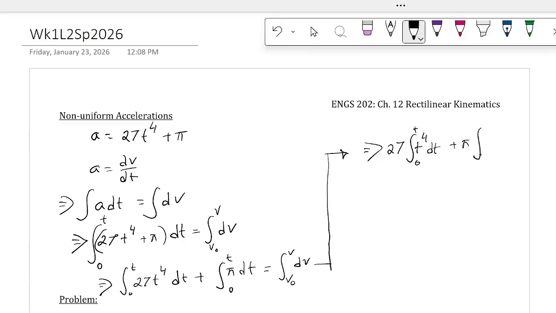Pi is a constant, right? 3.14 and so on. So 0 to t dt, and then I'm going to keep the right side the same. I could have done the right side before, but I just want to do all of them in one setting, right? If you remember from last class, again, we did the review.